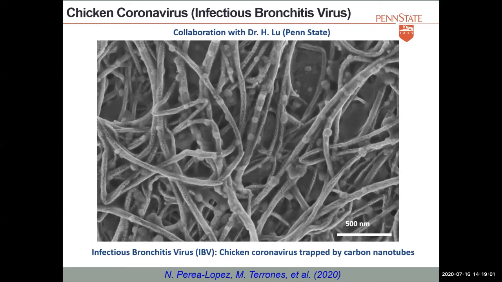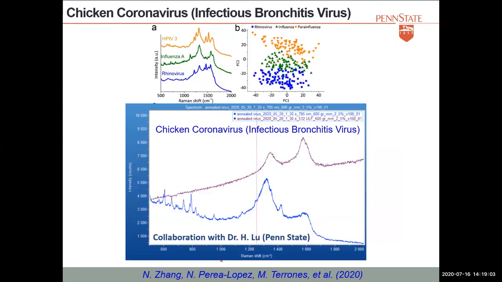So we managed to get this working, and this is just preliminary data from the chicken coronavirus, but here you can see the peaks coming from the chicken coronavirus. These are two different laser excitations. These broad peaks are coming from the carbon nanotubes, but you can see these peaks, which are very different from all the peaks that were in the other ones.